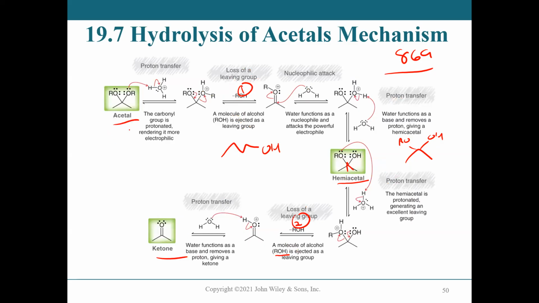So we went from an acetal down to this ketone group. Notice that the acetal hydrolysis proceeds by a hemiacetal intermediate. In fact, all the intermediates involved in acetal hydrolysis are identical to the intermediates involved in acetal formation, but in reverse order.